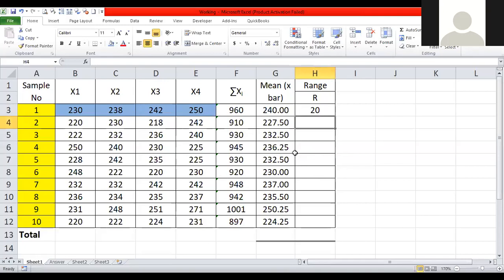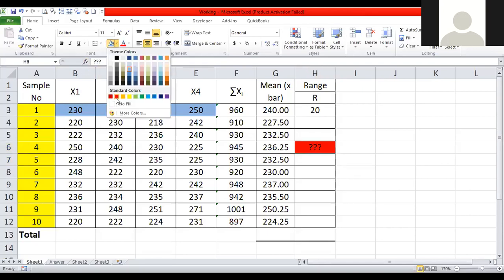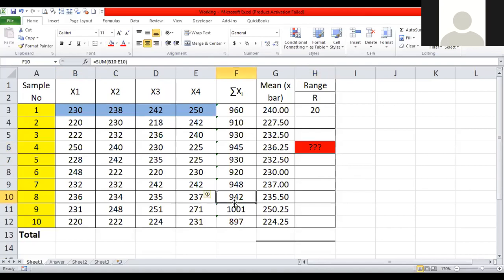What is the range of this sample? Right, thank you. So, okay, now you are clear.